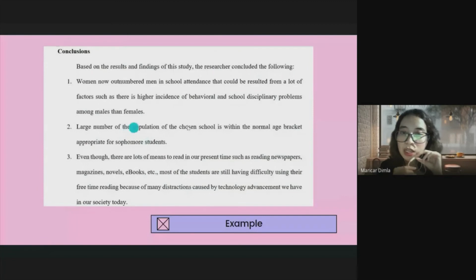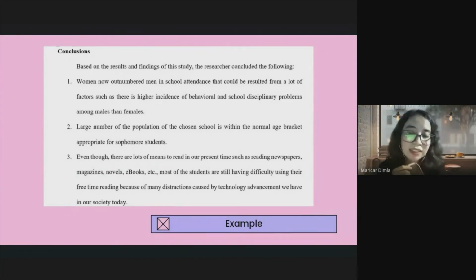So class, itong conclusion na to, class, based on the findings of the study. You revisited your statement of the problem. That is the number 1 rule. Pero this time, class, we avoided to input, so baka nga wala kayong makikitang figures or numbers dyan, kasi hindi na natin siya kailangan.